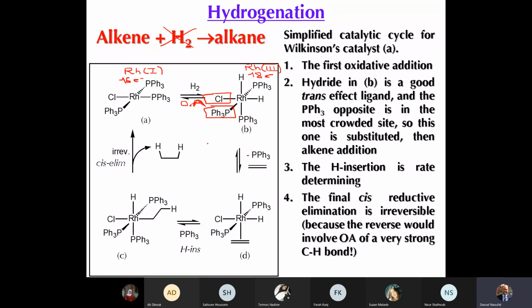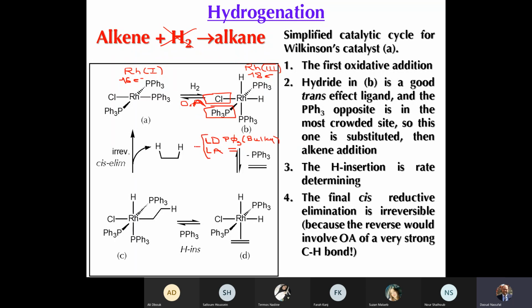So the student can write ligand dissociation, PPh3. If I ask him, what is your reasoning to dissociate this triphenylphosphine, he can say this is a bulky group. Okay, then the student will write ligand addition of alkene.